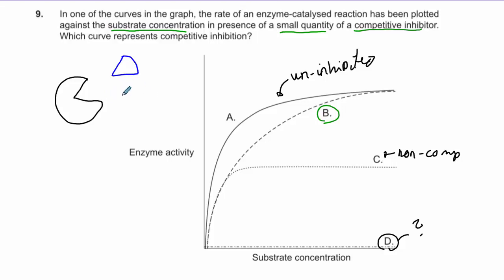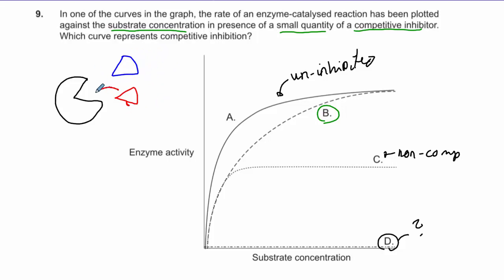the inhibitor maybe looks very much like the substrate, but it has maybe what's called a thorn or something that makes it stick in there and prevents these blue ones, the substrate, from getting to it.